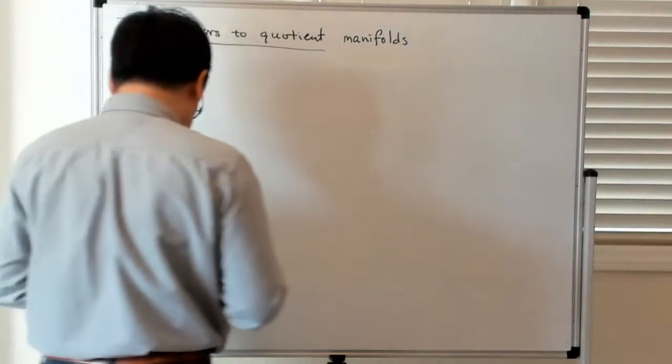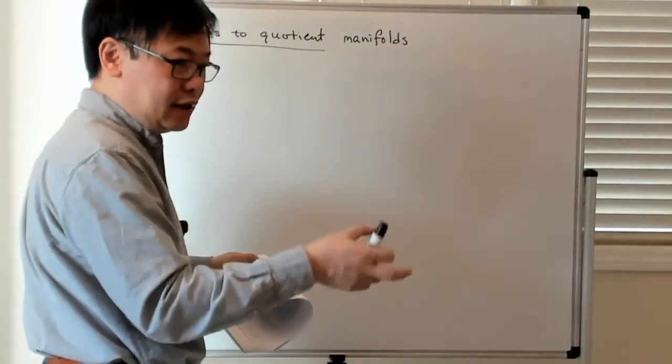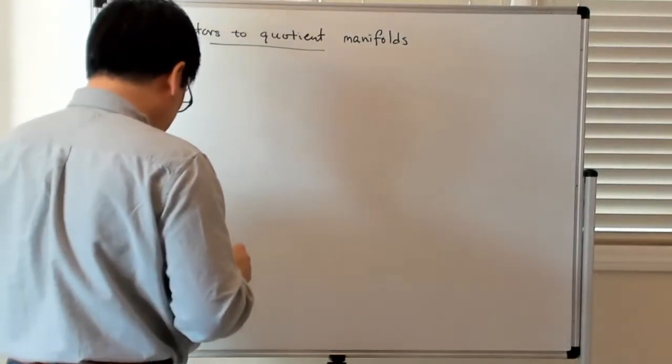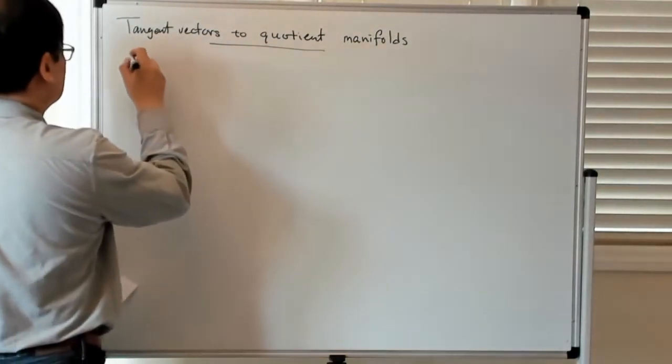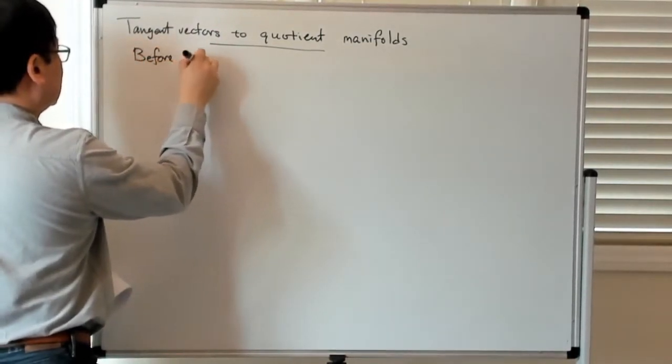Okay, and sort of think of them, if you will, as arrows. It's like in the Euclidean space, which is tangent to the submanifold.